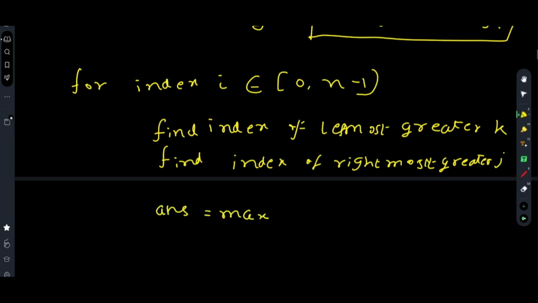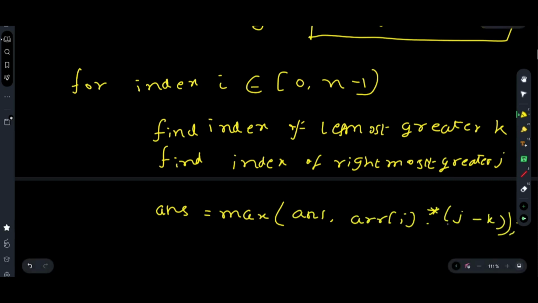The answer will be max of answer comma arr of i multiplied by j minus k, and at the end you will return the answer.